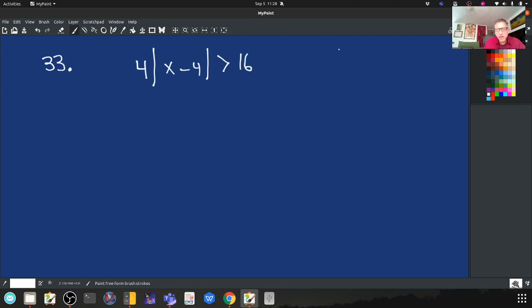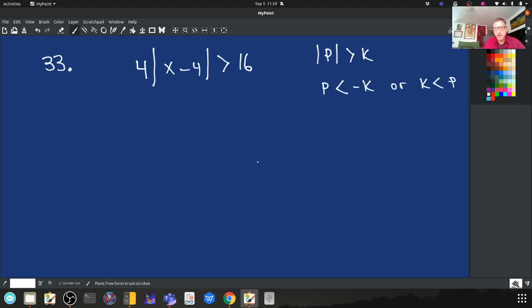So we know, if you look at the table, that if some expression p in absolute value is greater than k, that means p is less than minus k, or k is less than p.